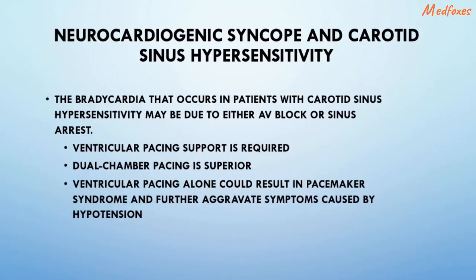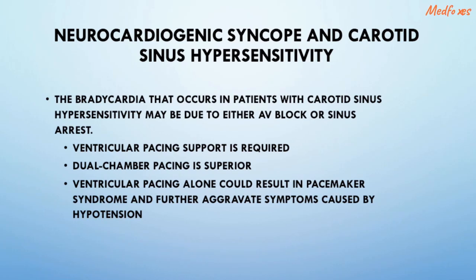The bradycardia that occurs in patients with carotid sinus hypersensitivity may be due to either AV block or sinus arrest. Therefore, ventricular pacing support is required in this patient, and dual chamber pacing is superior. If a patient requires pacing for neurocardiogenic syncope, whether the vasovagal variety or carotid sinus hypersensitivity, dual chamber pacing is necessary for several reasons.